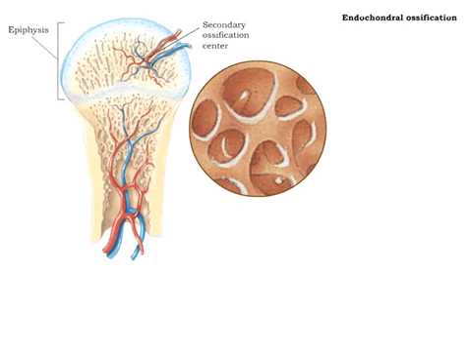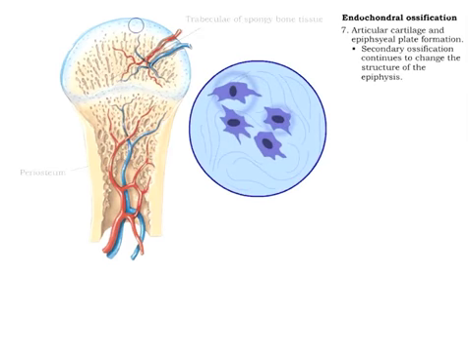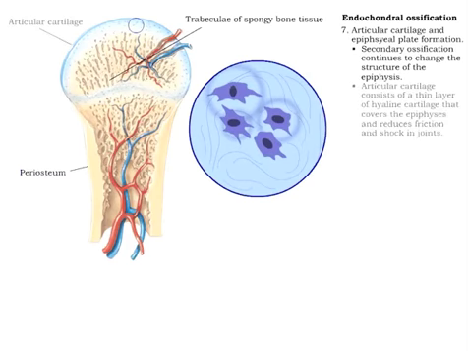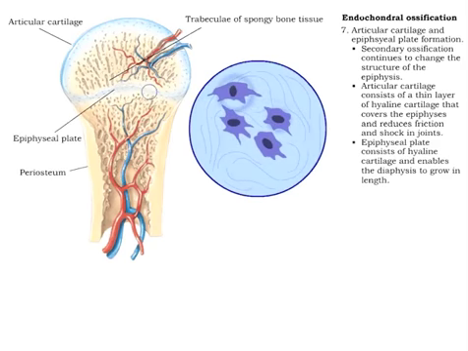Secondary ossification leaves a thin layer of hyaline cartilage covering the epiphyses. This is known as articular cartilage, and it reduces the friction and shock in bone joints. The change to the epiphysis also forms the epiphyseal plate, a layer of hyaline cartilage that enables the diaphysis to grow in length.